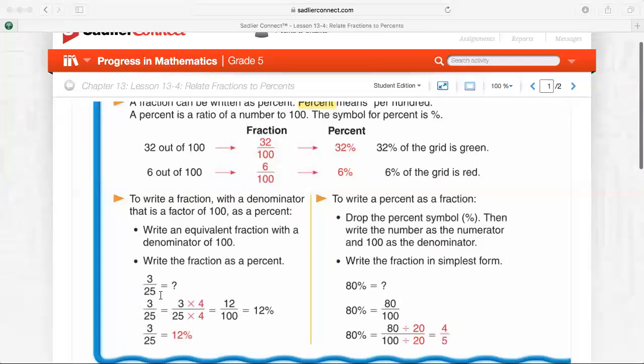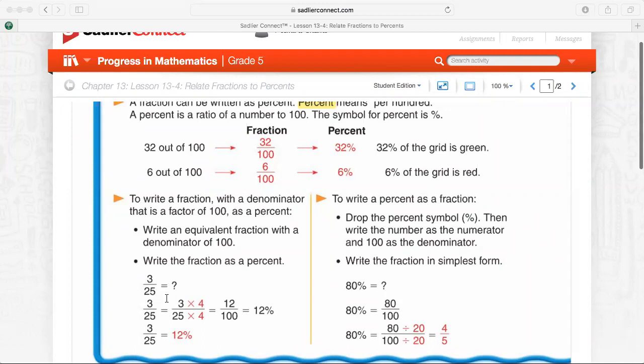If I have 100, yes, I can write 3%. But in the denominator, I have 25. So I have to change the 25 to 100. How am I going to change the 25 to 100?